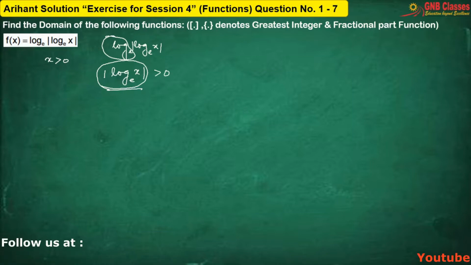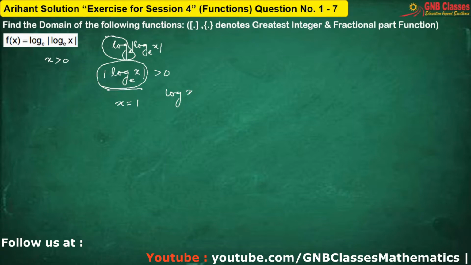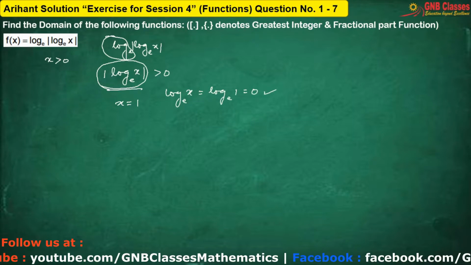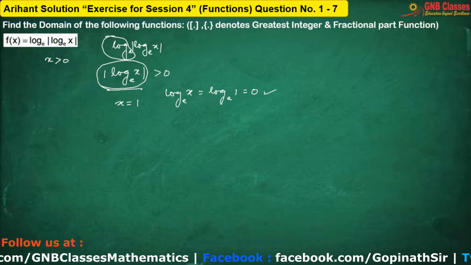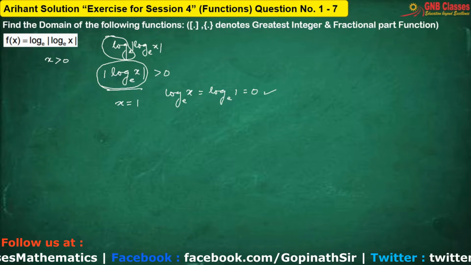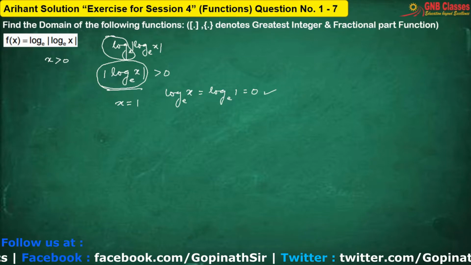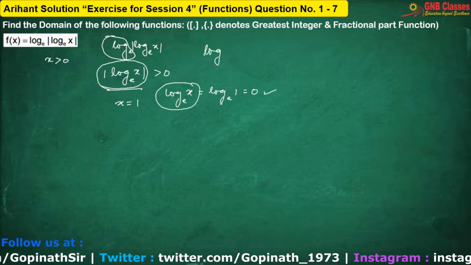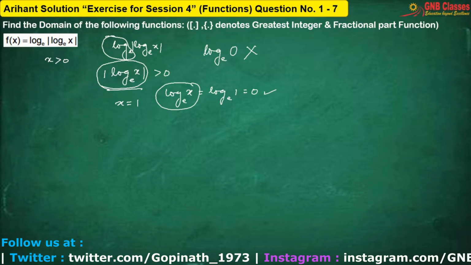Now the question comes, if x becomes 1, your log x base e is nothing but 0, which is very much defined. But in this case, it will not be defined because if log x becomes 0, then your function will become 1 upon 0, which is undefined.